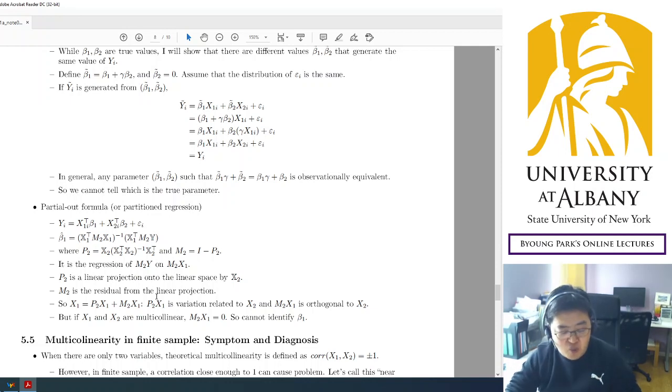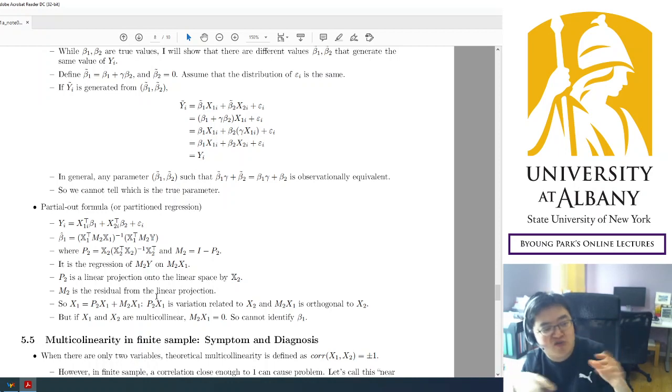And third, why is this important? Because suppose that you have many variables, but you are interested in only one. Then the problem here is you may want to draw a graph to see what's going on. So drawing a graph is the best way to understand what happens in the data.